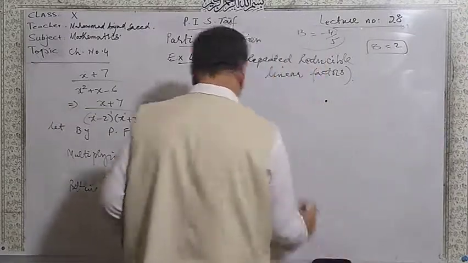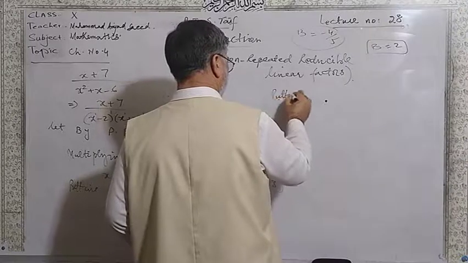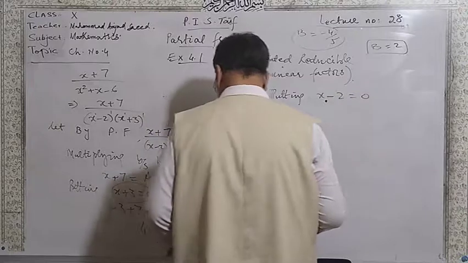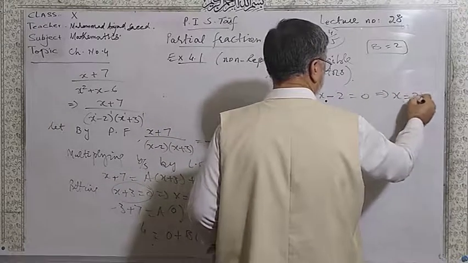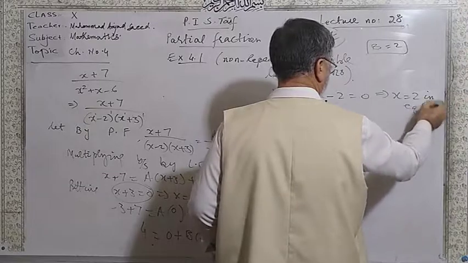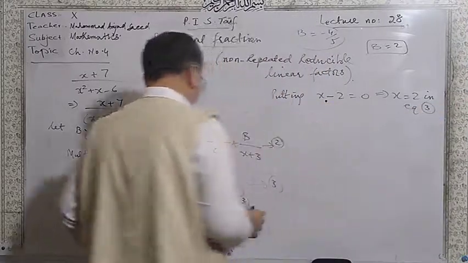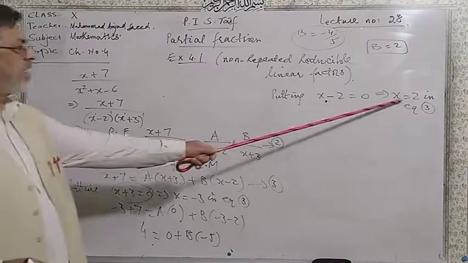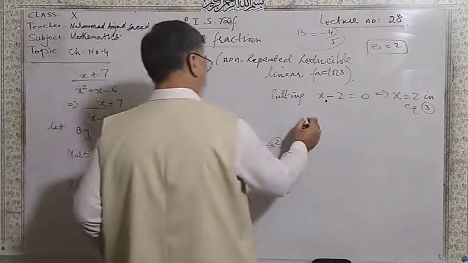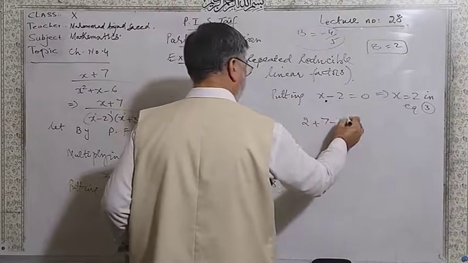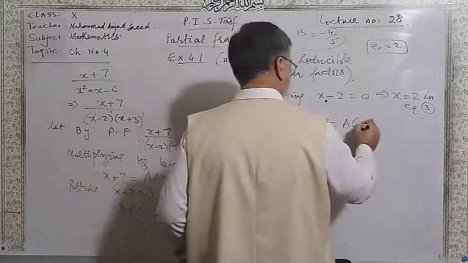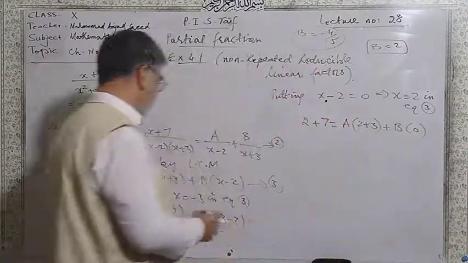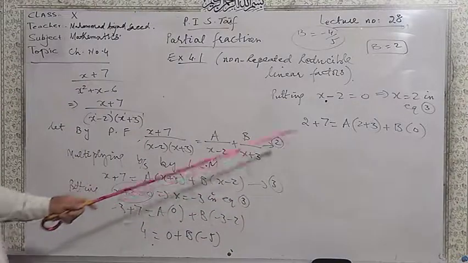After that, putting x minus 2 is equal to 0 implies that x is equal to 2 in equation number 3. So we have x equal to 2 here. 2 plus 7 is equal to a into 2 plus 3 plus b into x minus 2 was 0.